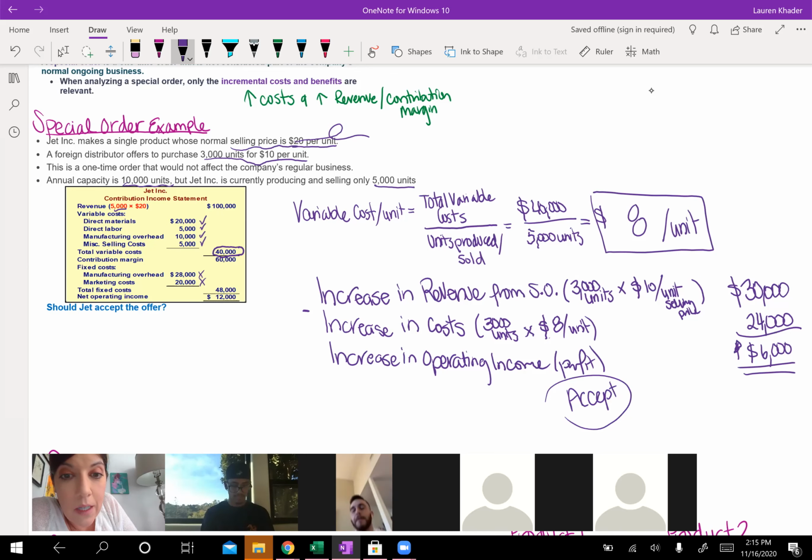Obviously, they probably would be upset if you did that, but it is a project that you would want to accept. You have capacity to accept it. If you didn't have excess capacity, it wouldn't be worth it. But since you do have excess capacity, you're willing to accept a lower selling price.